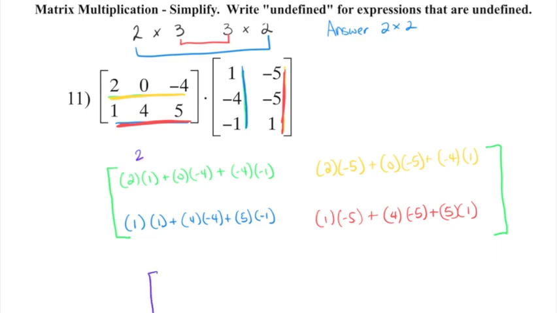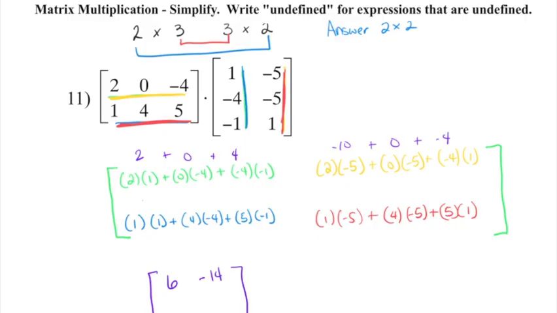So I have 2 times 1 plus 0 times -4 plus -4 times -1. So my first one is 2 plus 0 plus 4, that is 6. For my next one, 2 times -5, 0 times 5, -4 times 1. So -10 plus 0 plus -4 is -14.